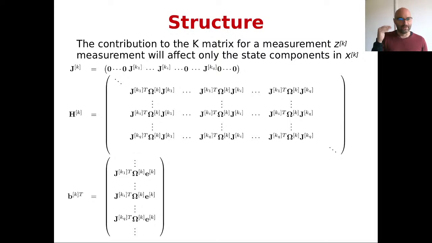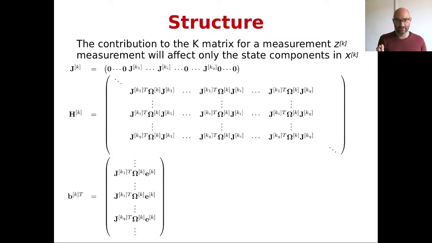But this number is fixed and limited, so it can be upper bounded. So for each robot position, at most, I will add a certain number of non-zero blocks to H.